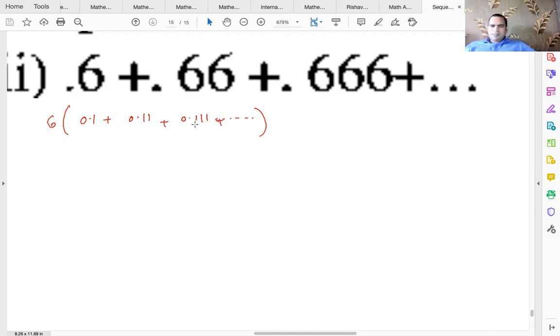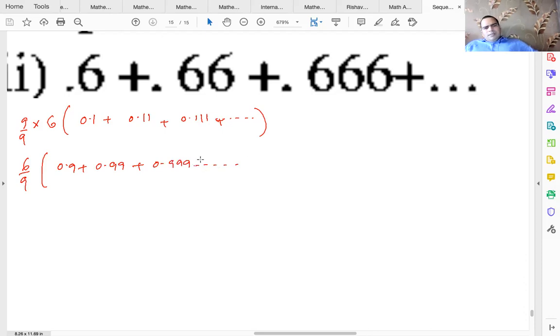But since decimals are involved, I would not mind multiplying and dividing by 9 here itself. So 6 over 9 goes outside and I multiply this 9 inside, so it becomes 0.9 plus 0.99 plus 0.999 and so on.